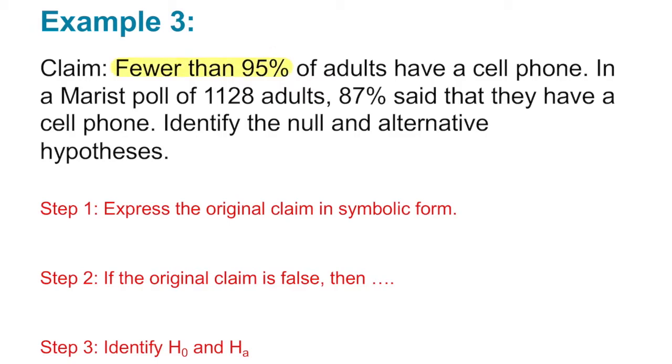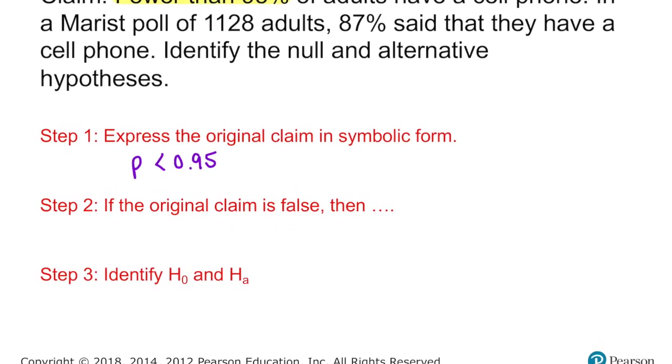This is about proportion, so p is less than 0.95. If p is less than 0.95 is false, then p should be greater than or equal to 0.95.